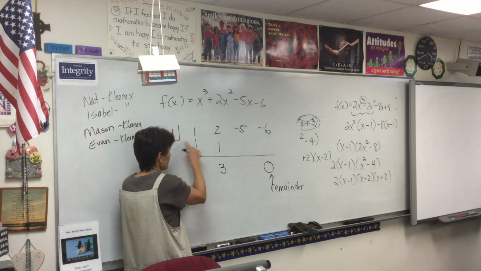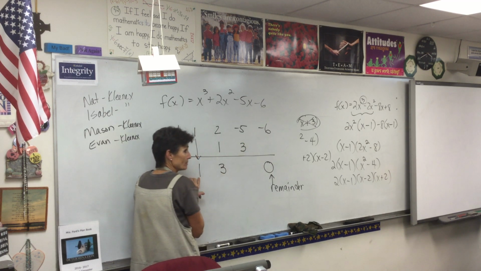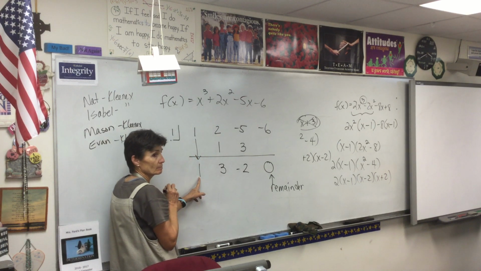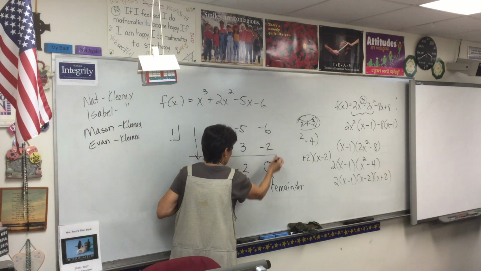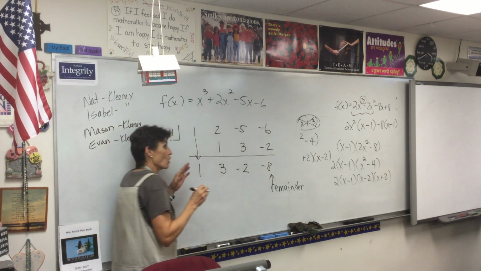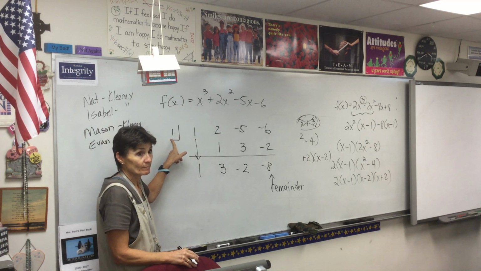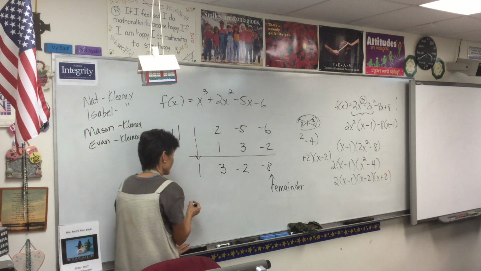Then I'm going to multiply 1 times 3, write the answer here, and add. 1 times -2 is -2. Did I get 0? No. So I don't know what a factor is, but I know 1 is not one.